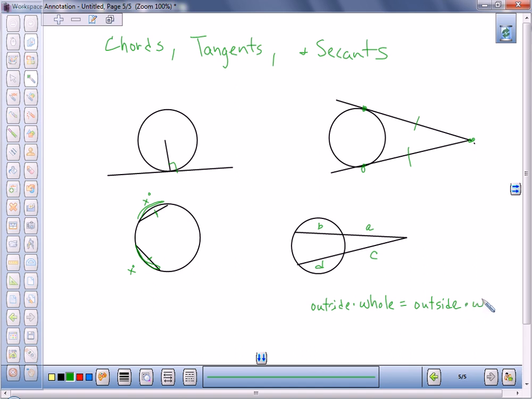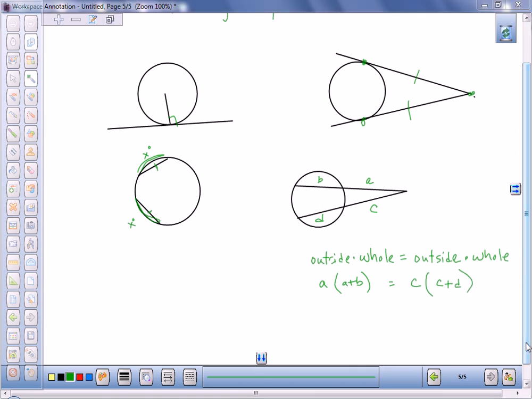Anybody remember that one? So A times A plus B is equal to C times C plus D. Is that obvious? Okay. So would that mean that A plus B is C plus D? No, it doesn't mean that.